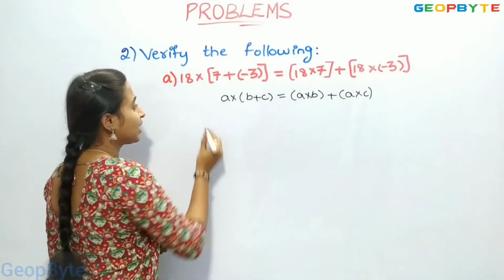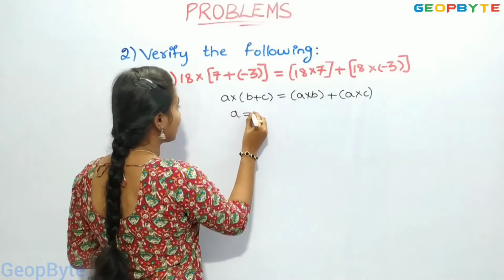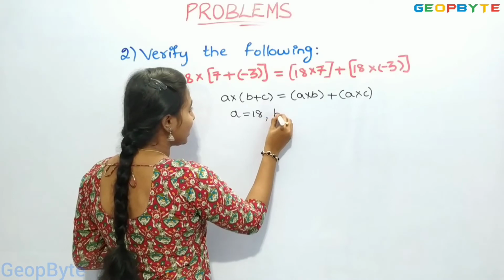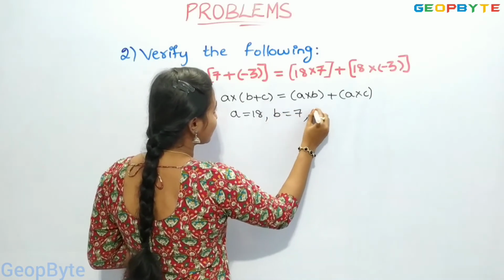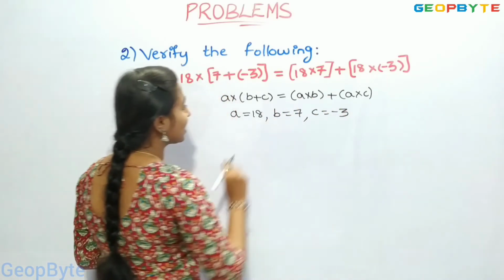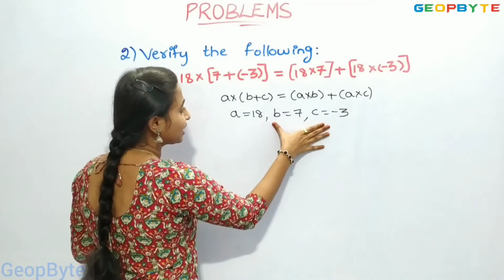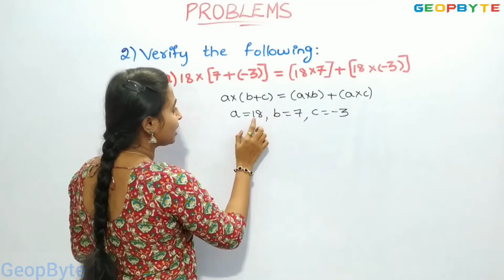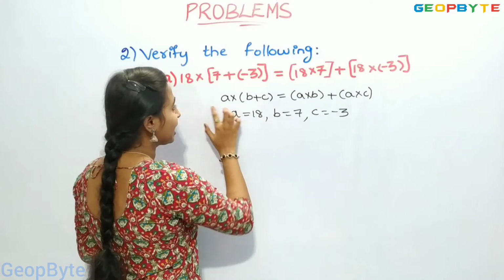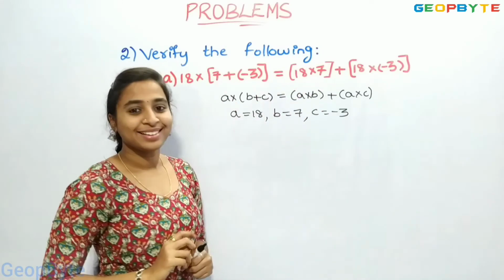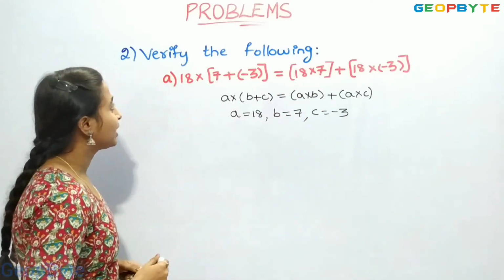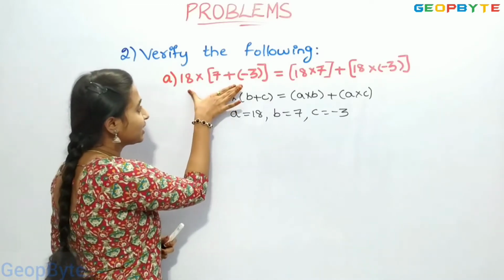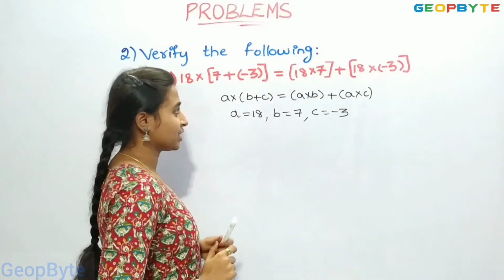Like here, a is equal to 18, b is equal to 7, c is equal to minus 3. Now, let us verify LHS is equal to RHS.